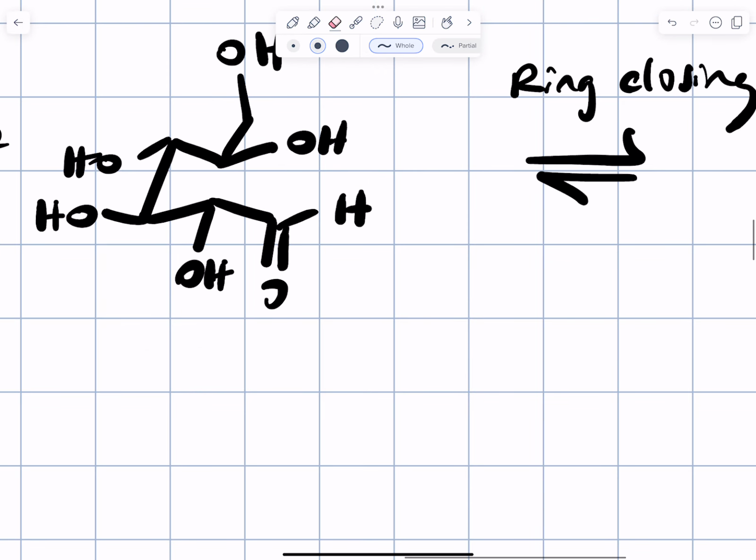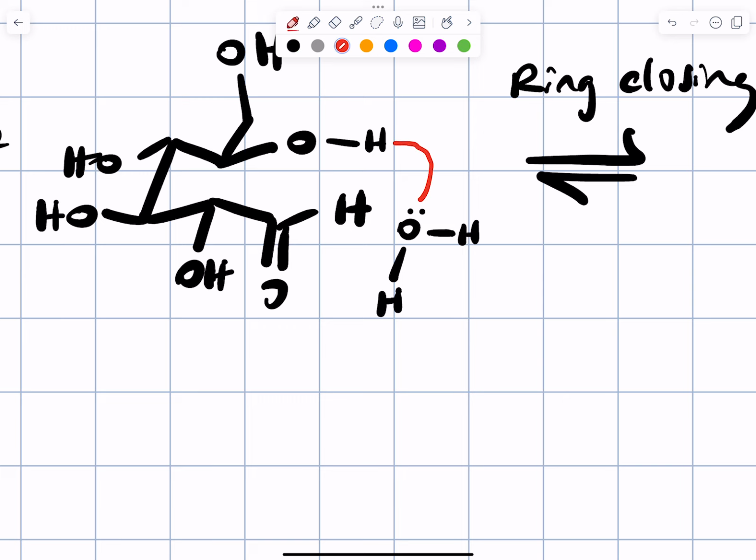If you wanted to show this all with the same water molecule, you could do it like this. You could show water acting as a base to remove this proton at the same time as the bond between the oxygen and the hydrogen is breaking and the electrons are moving onto the oxygen.